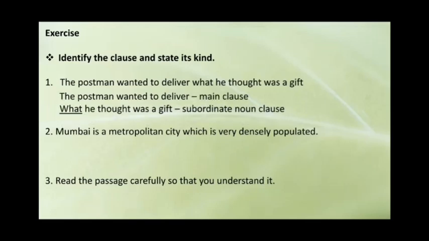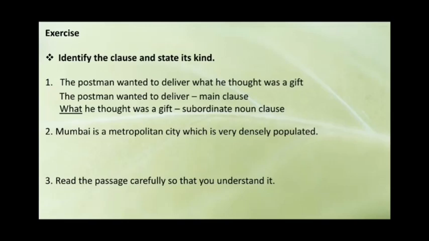The main clause is, the postman wanted to deliver. Okay, it is standing on its own. It is independent. So that is why this part of the sentence is the main clause. The second part, what he thought was a gift, is the subordinate clause.